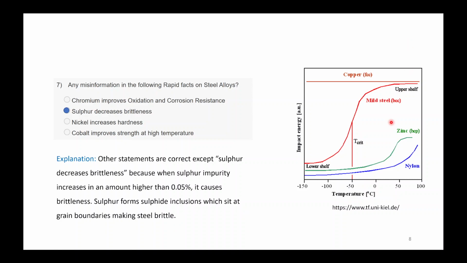In this diagram also we can see in the graph that mild steel, when it is higher in sulfur, shows brittleness even near room temperature.